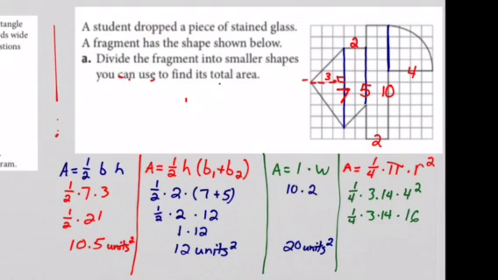So I'm going to go ahead and do 1/4 of 16. And when I do 1/4 of 16, or 16 divided by 4, I get 4. So 4 times 3.14. And when I multiply that out, I get 12.56 units squared.